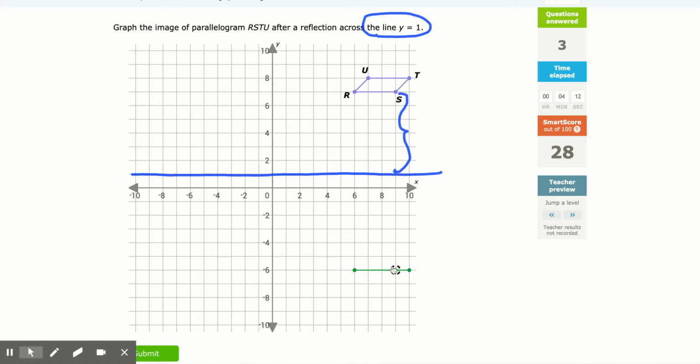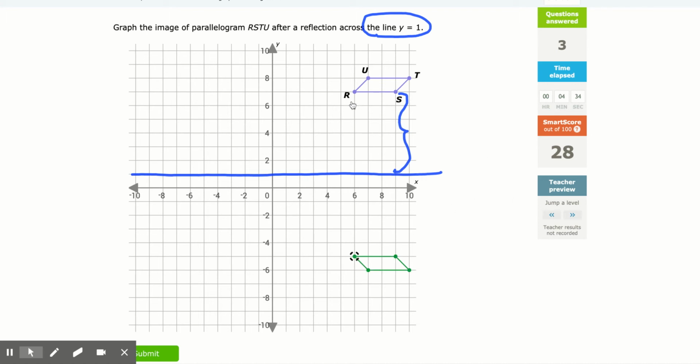This point, I got too many weird points here. There we go. There's our mirror image.